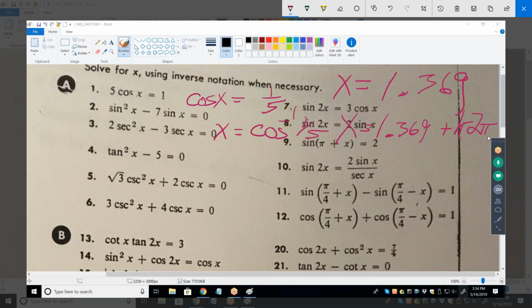And notice something else, this answer is only 1 quadrant of the unit circle. What other quadrant is cosine positive? Quadrant 4. Correct.